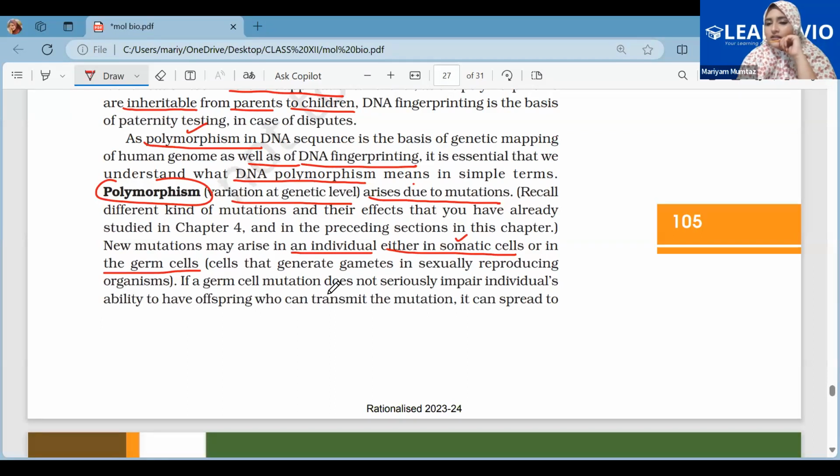Then what are germ cells? Germ cells are reproductive cells. Somatic cells are body cells. So mutation can arise in a somatic cell also, and it can arise in a germ cell also.